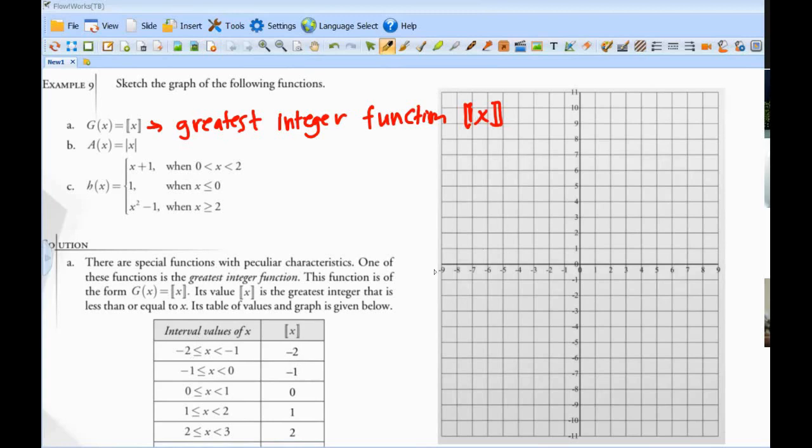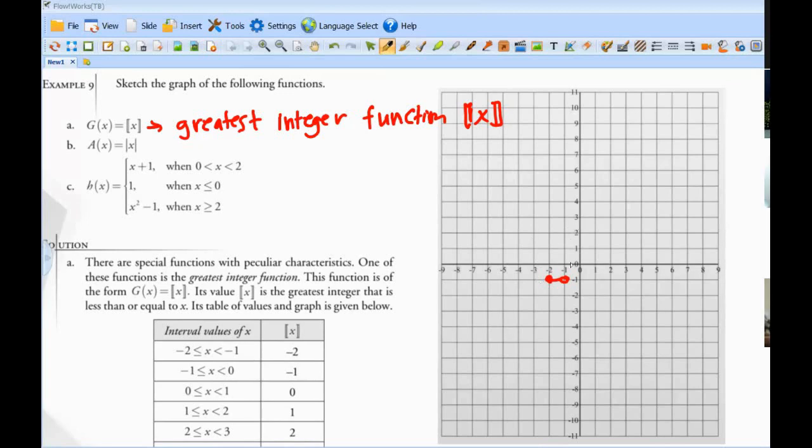We will start here, the open value. So look at the value of this function in this form, -2 to -1. So this -2 is shaded until -1, but it is open because it is less than -1. So the greatest integer is -2.